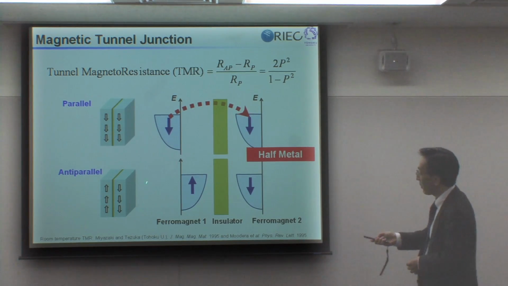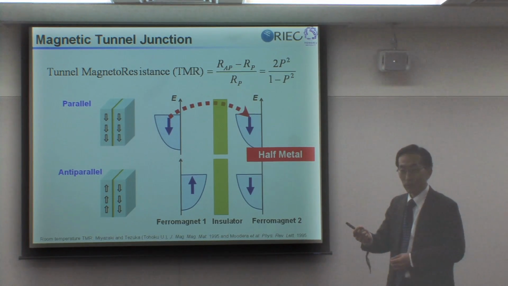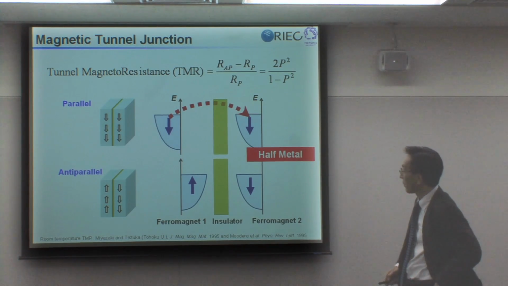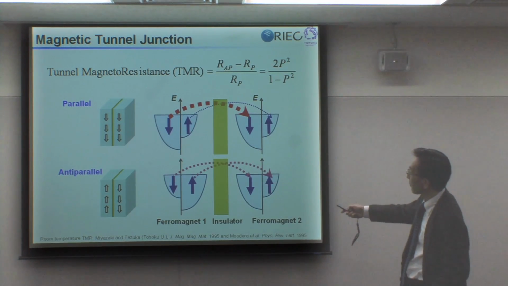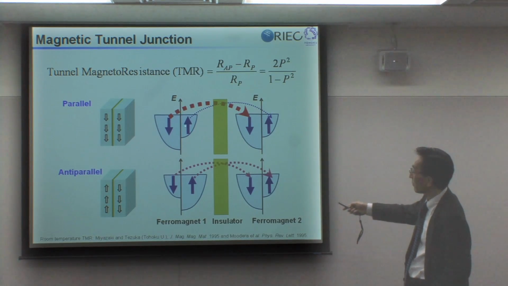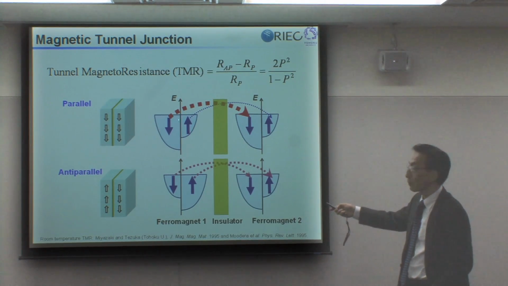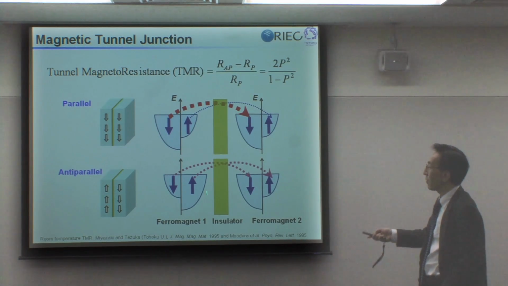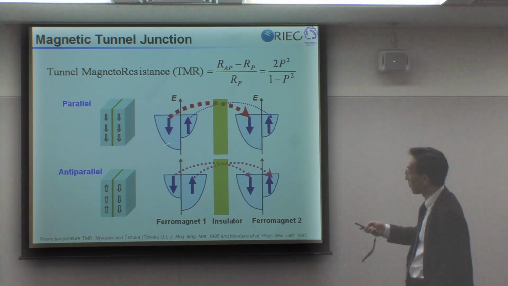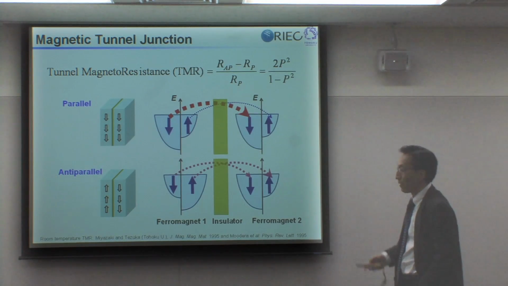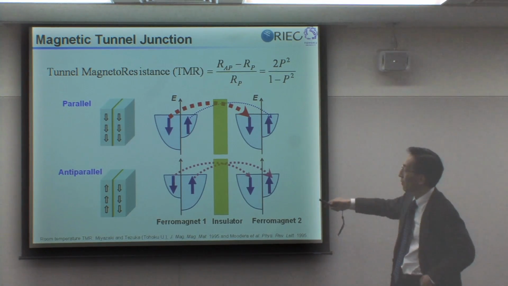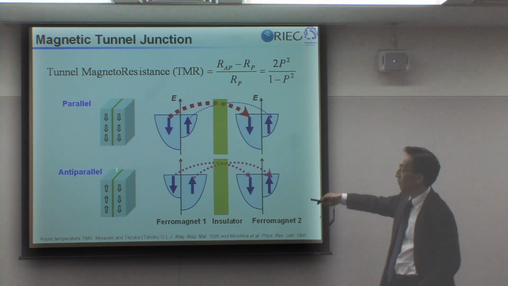So in this case, your resistance is infinite, and in this case, your resistance is finite. But usually what happens is that your material has both spin directions. So the resistance change, although this is low resistance, this is high resistance, there's a certain resistance range that you can switch from antiparallel to parallel and parallel to antiparallel.